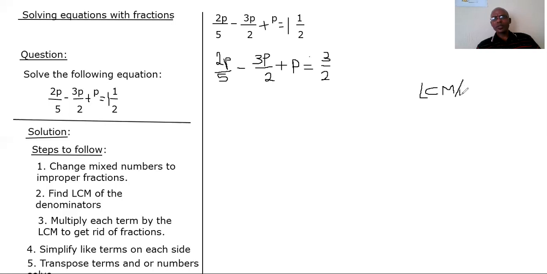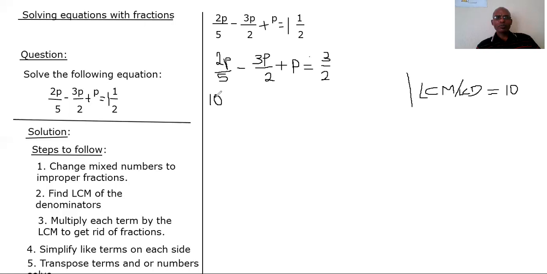LCD, lowest common denominator. So the LCD for 2, 5 is equal to 10. So I'm going to multiply each term by the LCM, which means it's going to be 10 here.